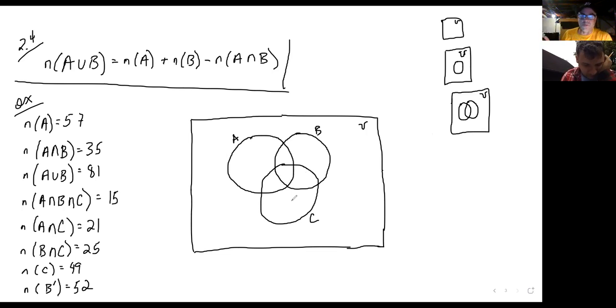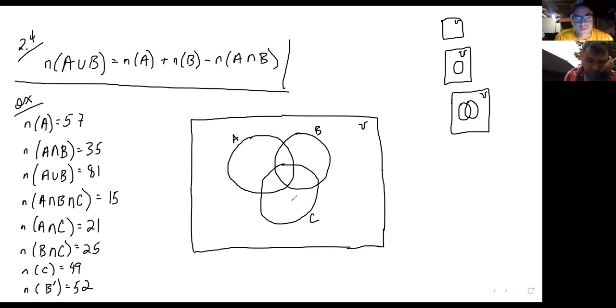Now, 4 sets, which we'll look at a little bit next time, get pretty squirrely because you can't use 4 circles. You have to use some other shapes in order to get all the regions required. But 3 is not too bad. And all the problems you'll be looking at here in 2.4, none of them will be more than 3 sets.